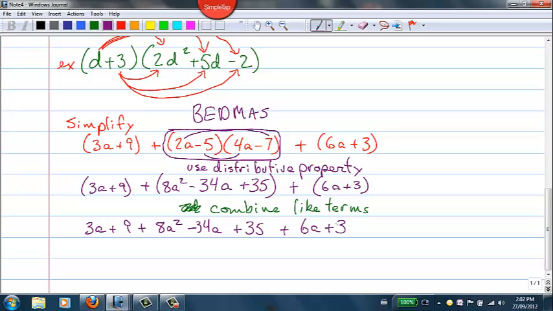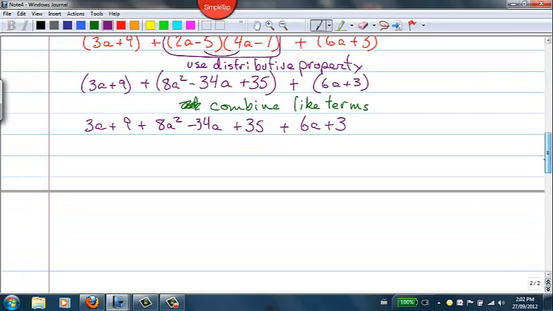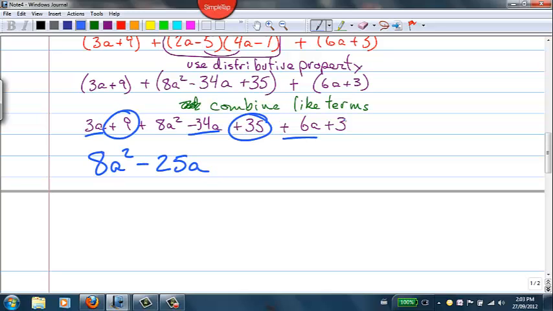Okay, when I'm adding polynomials, the brackets aren't relevant. So I've got 8a squared, and then I've got the 3a's, the negative 34a and the 6a, that gives me negative 25a, and then the 9, the 35, and the 3 all add up to give me 47. So 8a squared minus 25a plus 47.